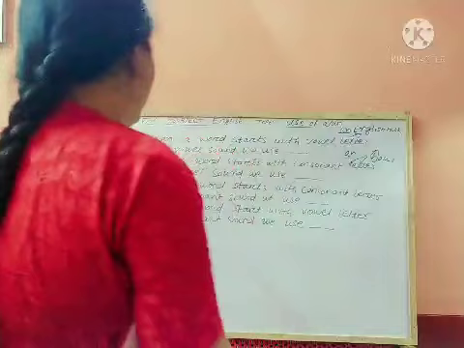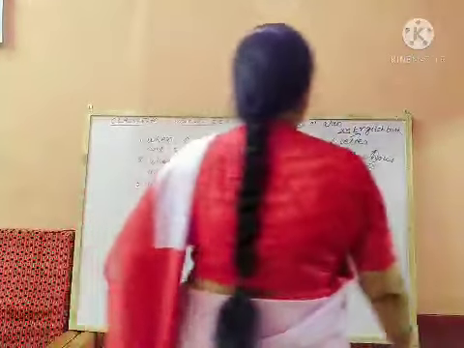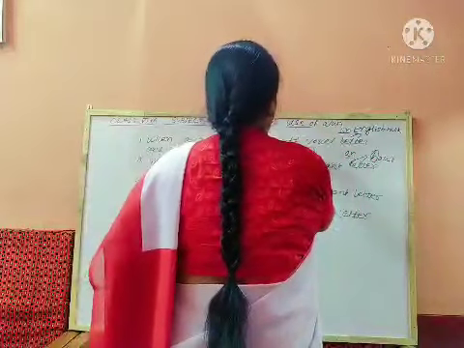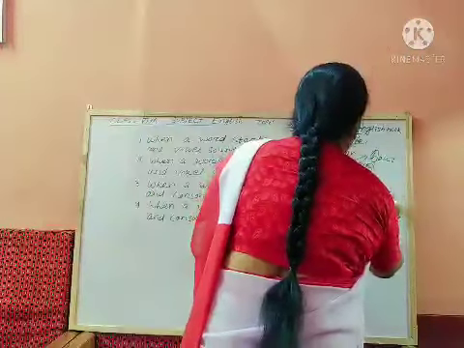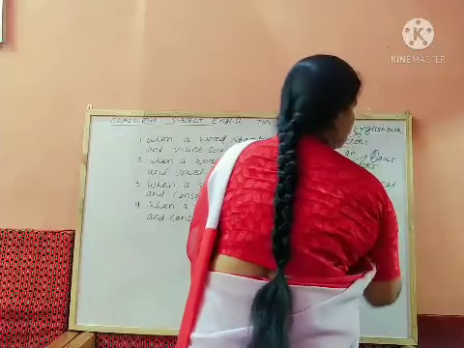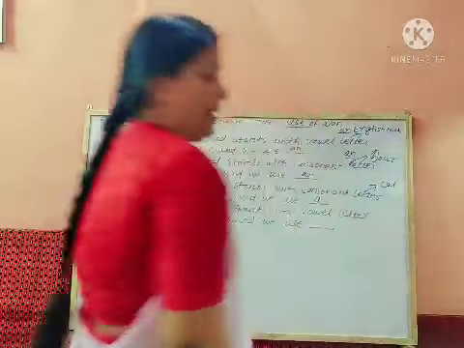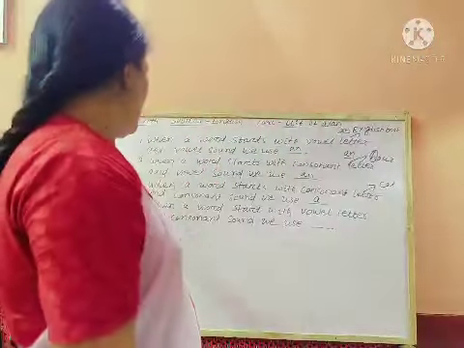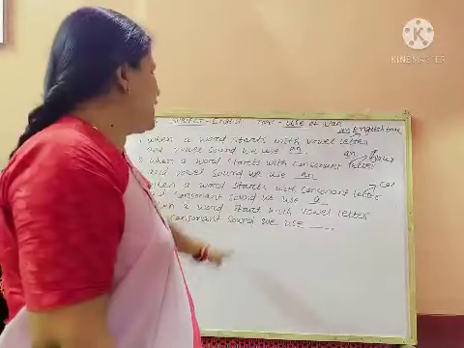Next, when a word starts with consonant letter and consonant sound. For example, cat. Consonant letter and the sound is consonant. So in this place we use A. Next, when a word starts with vowel letter and consonant sound.